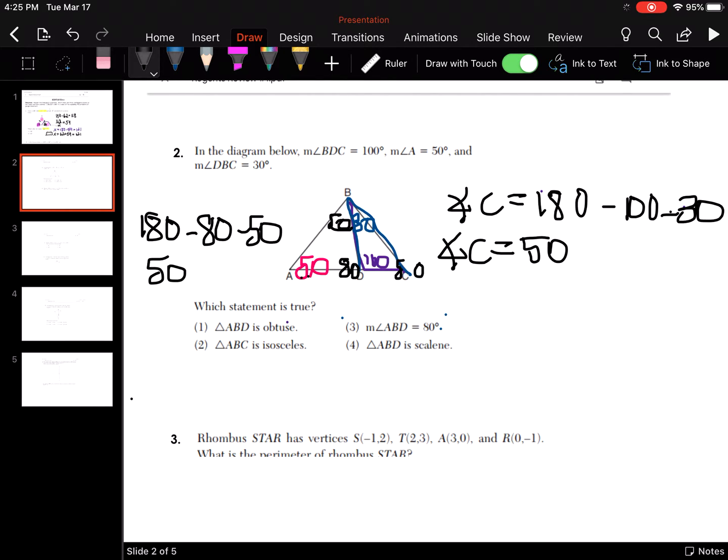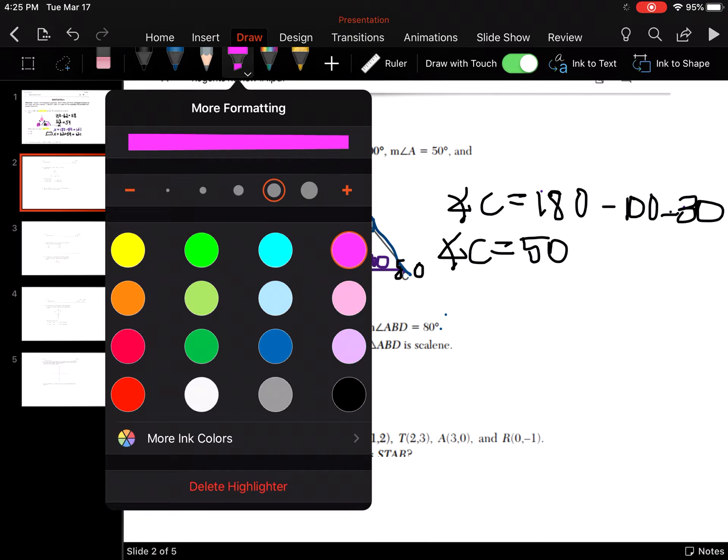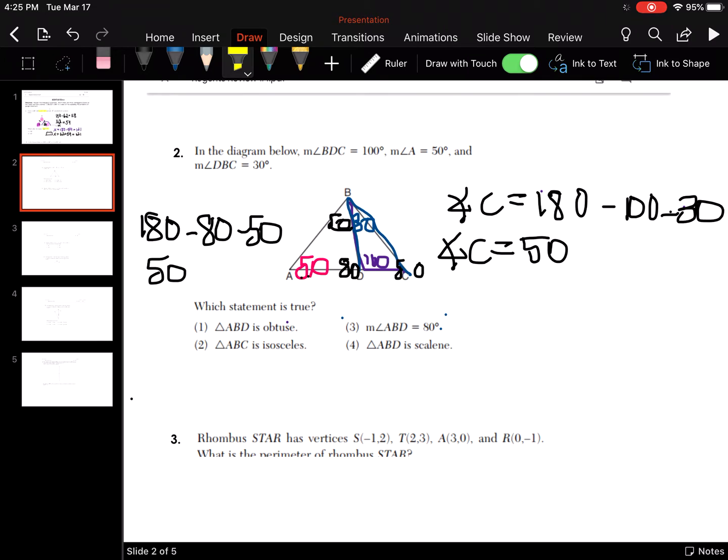And it asks us about these options here, which one is true. So first one says that triangle ABD is obtuse. Let me just see, sorry, ABD. ABD is from here to here to here. Now it can't be obtuse because none of the angles are bigger than 90, so that one we know is wrong.